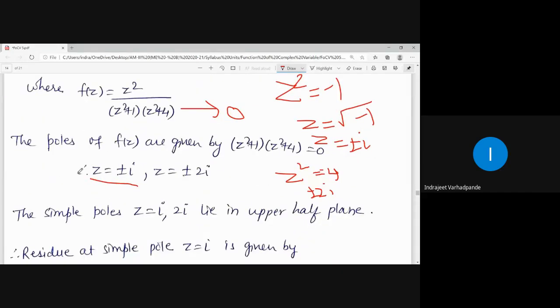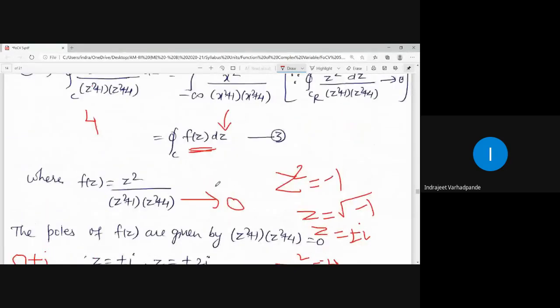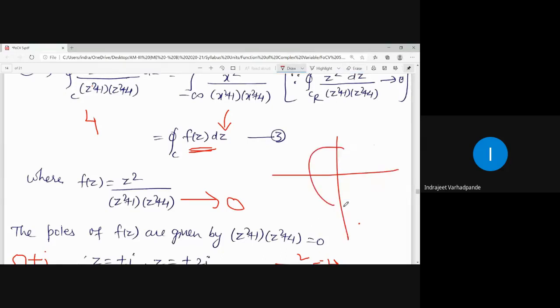How to interpret this? I told you z is equal to plus minus i means z is equal to 0 plus minus i. Means what are the coordinates? Coordinates are 0 comma plus minus 1. Now where in the circle will 0 comma plus minus 1 lie? If I draw the circle, 0 comma 1 will lie here, 0 comma minus 1 will lie here, but our condition for contour integration is that it should be in the upper half plane, because we are not having this particular portion, right?